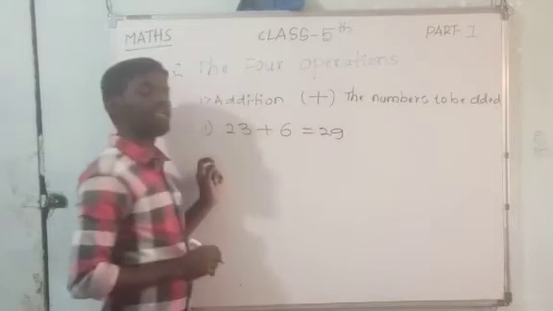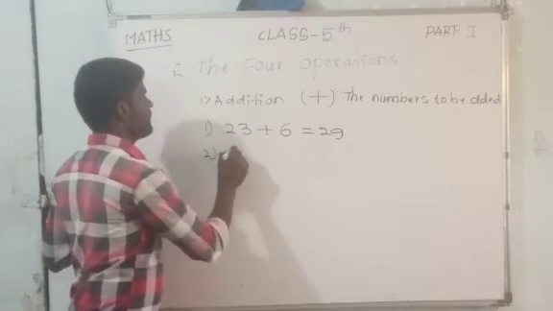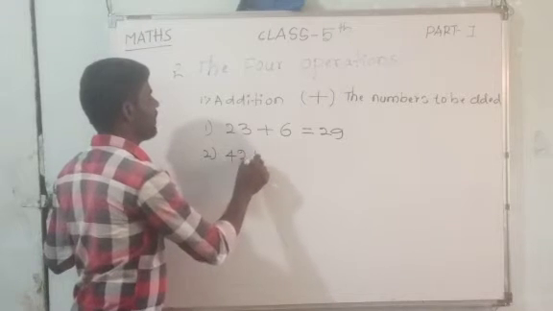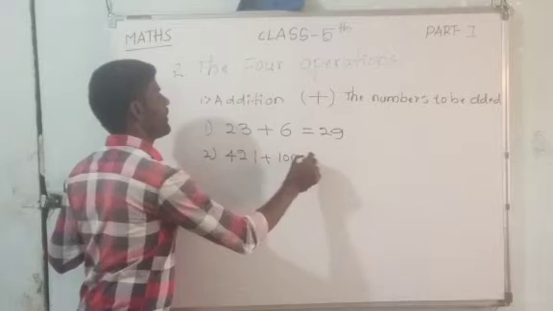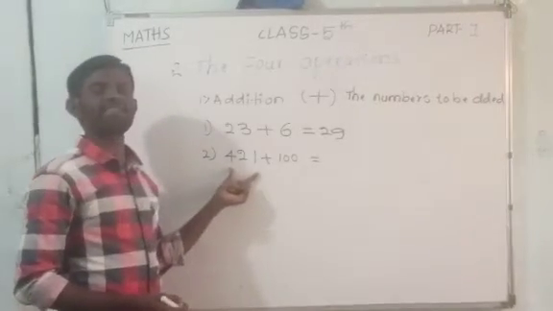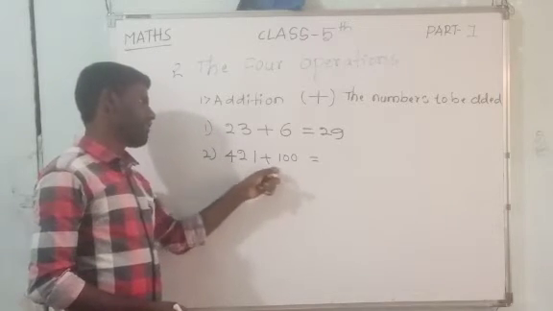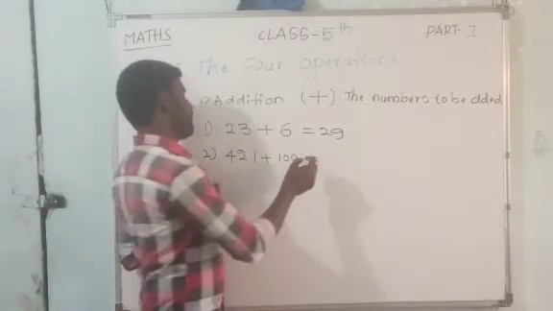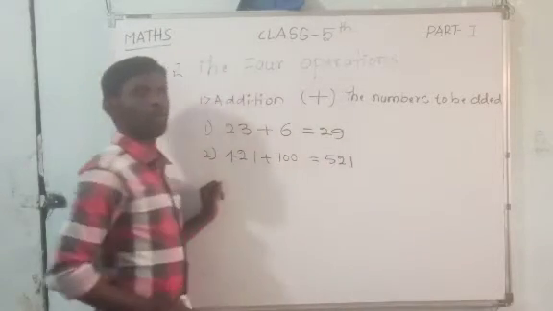Example 2: 421 plus 100. Here we see a 3 digit number, and here also a 3 digit number. 421 plus 100 is 521.